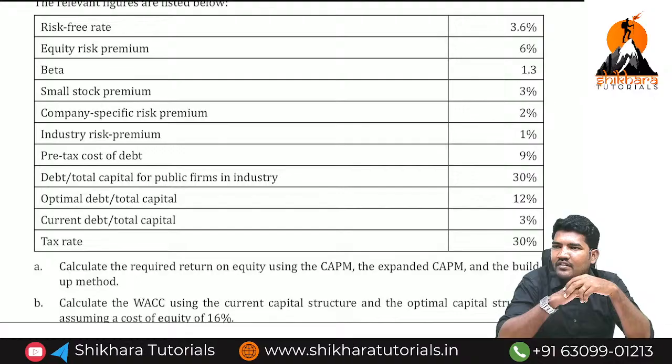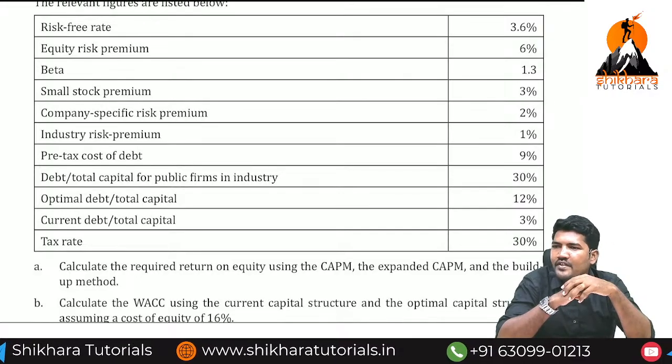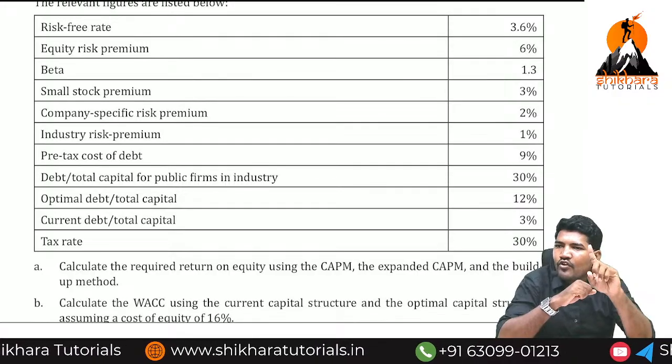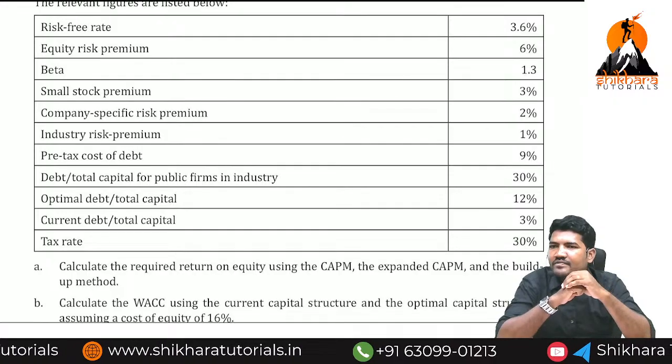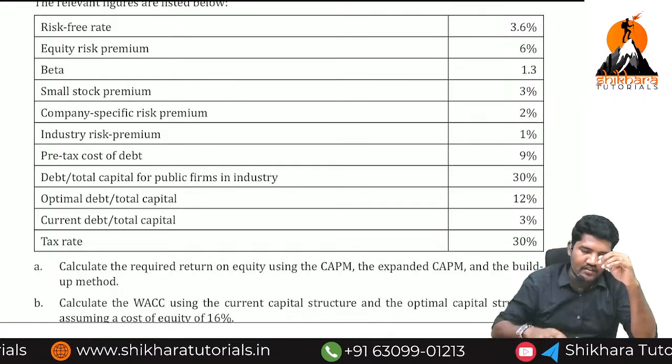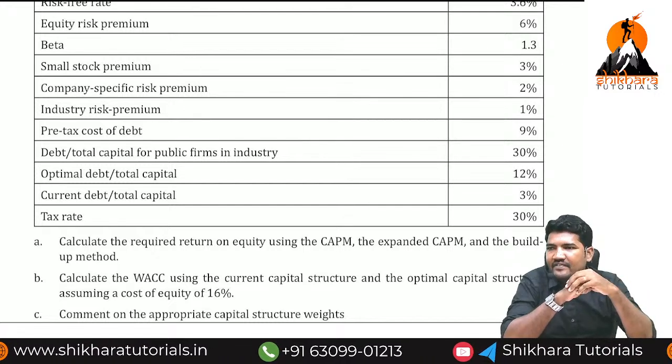Hope you understand. So can I take 0.3 divided by 1? What does 0.3 divided by 1 mean? If you take 1 rupee as all sources, out of 1 rupee, 0.3 is debt. Guys, clear? Okay, done.